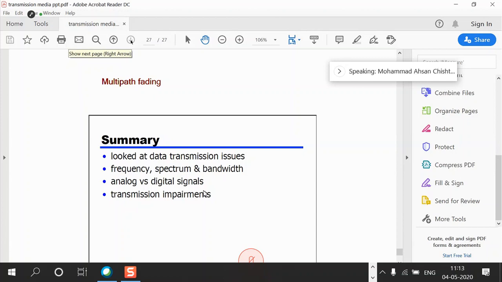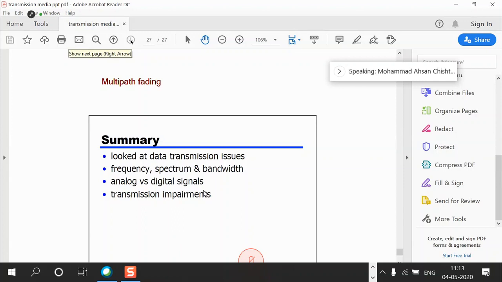And then in the spectrum, we have the light wave transmission, which is basically unguided optical signaling. Now, you'll say, how come I use light here? We use light in fiber.